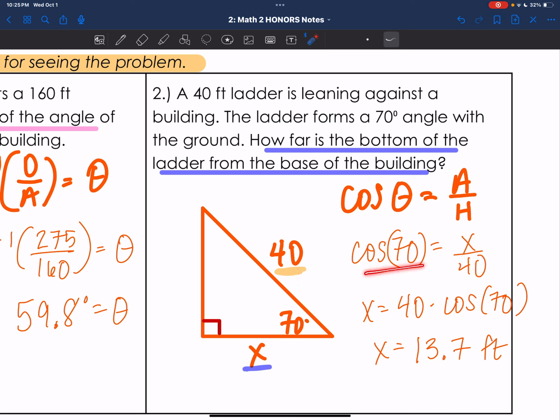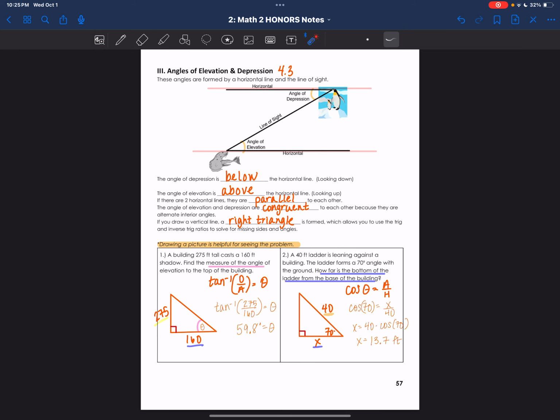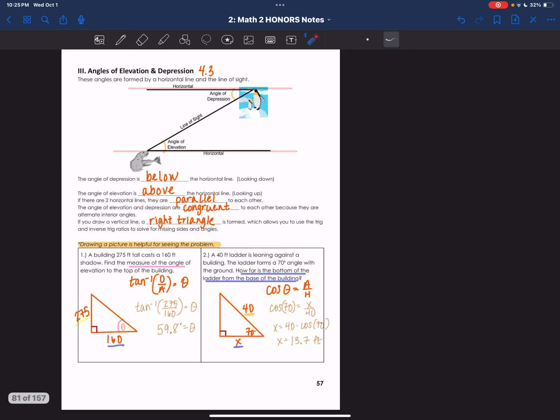Then you set up your proportion, cross multiply, and you'll get x equals 40 times cosine 70, and that's going to be 13.7 feet. So it's not too bad. The hardest part is just drawing the picture to figure out if it's opposite, adjacent, or hypotenuse.